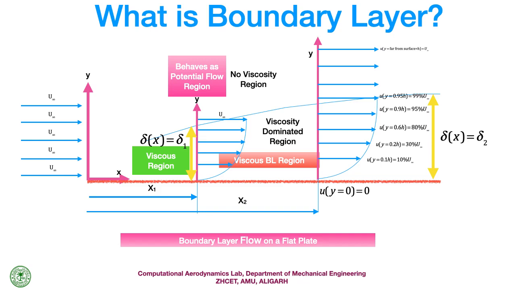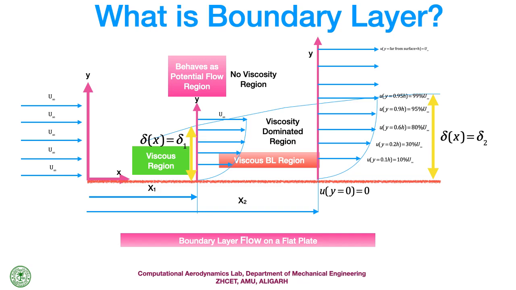So we set a probe to measure the velocity at different sections in the wall normal direction, that is the y direction here, at different points in y, like 0.1 times h, 0.2 times h. Then you will find different values, 10%, 30%, 40% of u infinity.